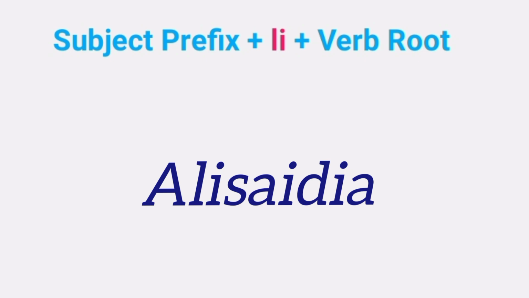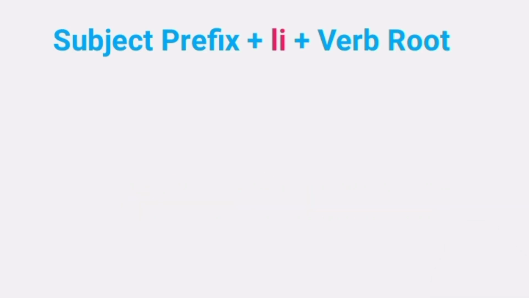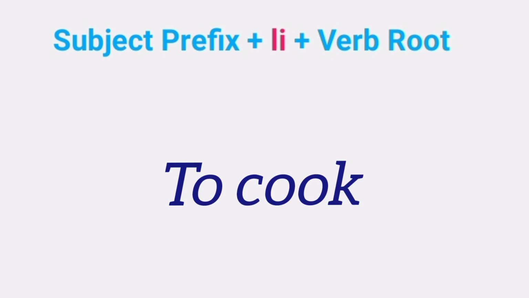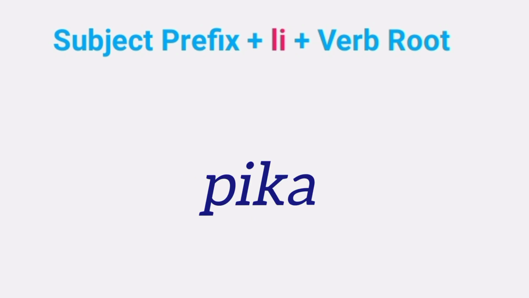Another example, this time with the first plural personal pronoun, we. We want to conjugate to cook in the complete past tense. We cooked. The verb to cook in Swahili is kupika. The verb root is pika.